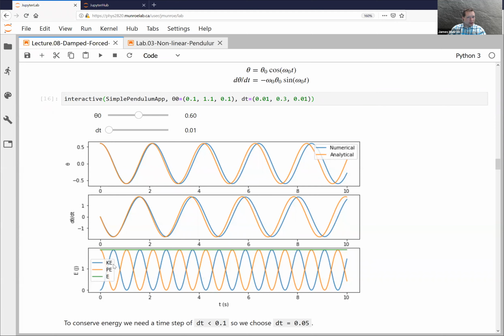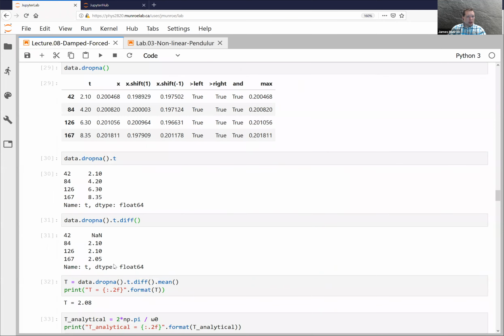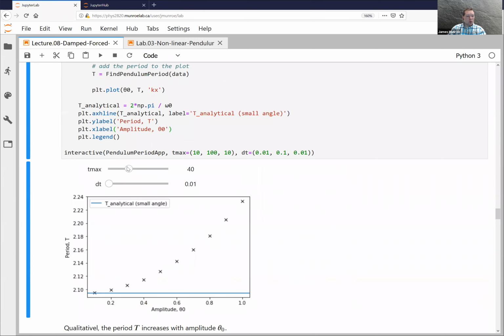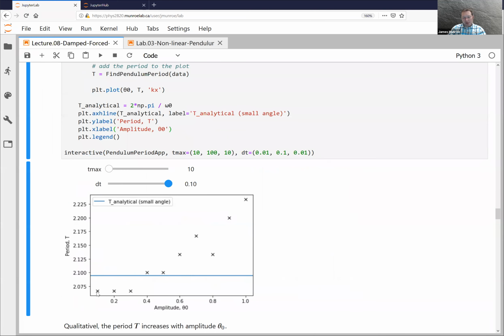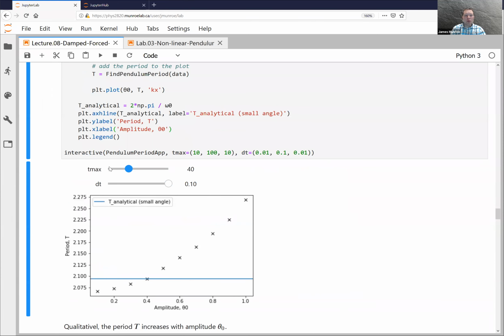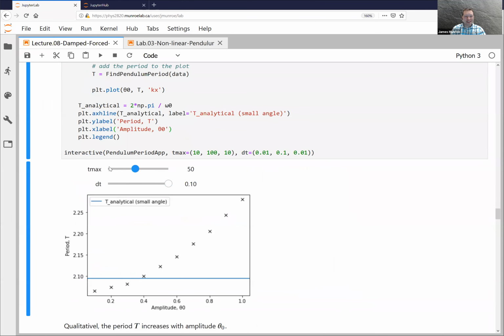And here's something really nice about estimating periods. Even if we had a poor choice of time step, okay, that doesn't look so pretty. I actually can run my model for longer, and just by running it longer, because I'm averaging over more coarse estimates of what the period is, I'm able to get a nice, smooth representation all the way through.